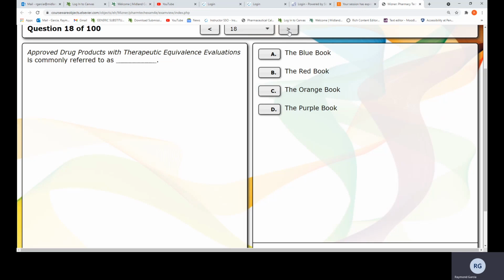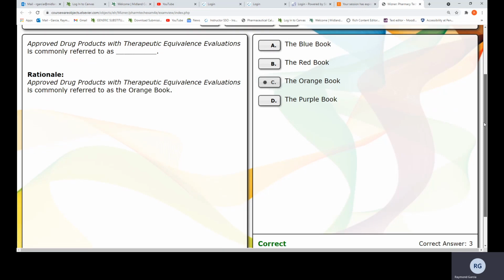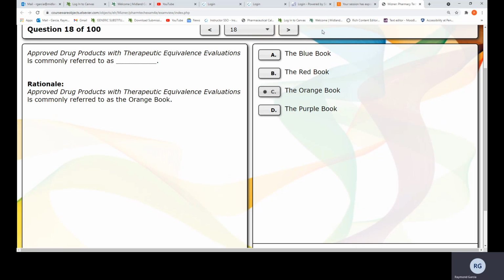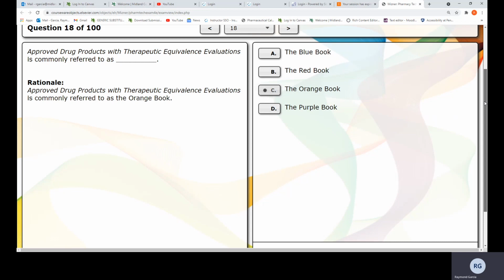Okay. Orange, top. It's referred to as the orange book. Good guess, good guess. I think y'all need it. Yeah. Good job.